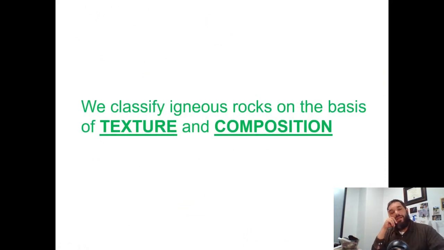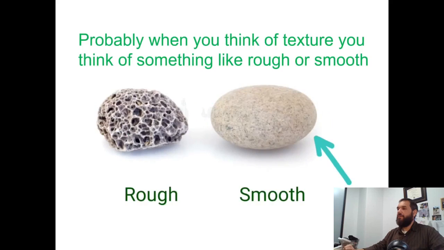So we classify igneous rocks on the basis of texture and composition. Now, a lot of people, when they hear that word texture, this is often how I know if someone's really been listening to the lecture versus looking something up on Google.